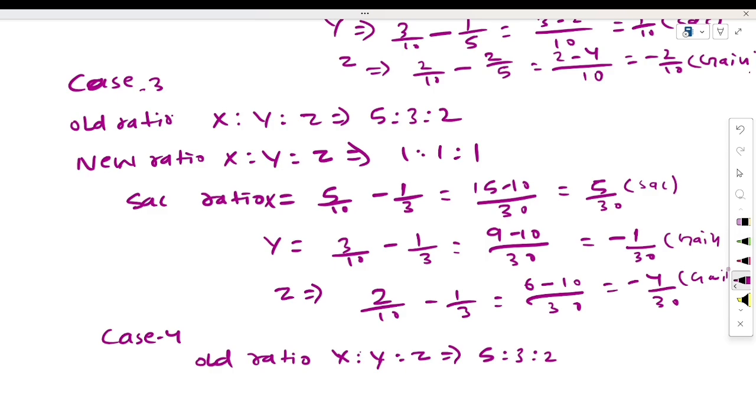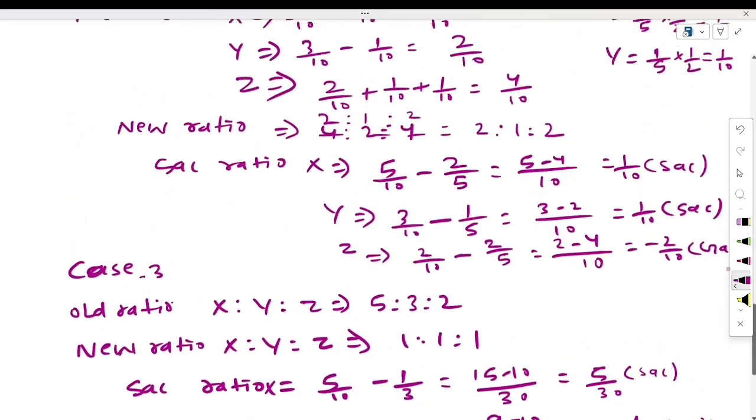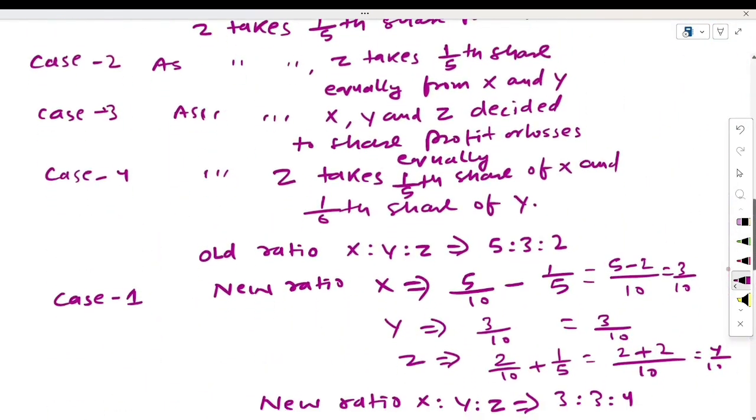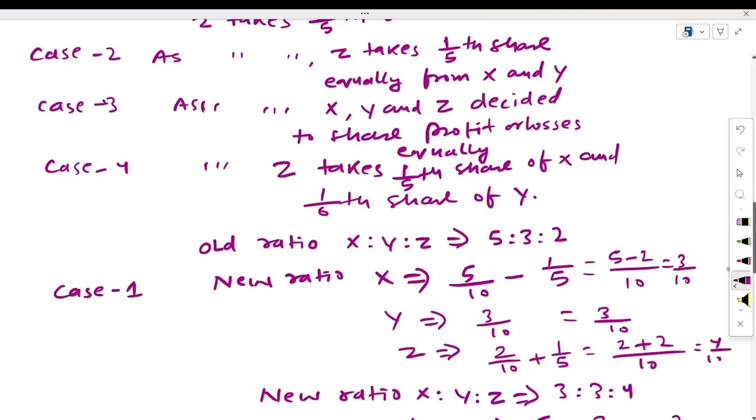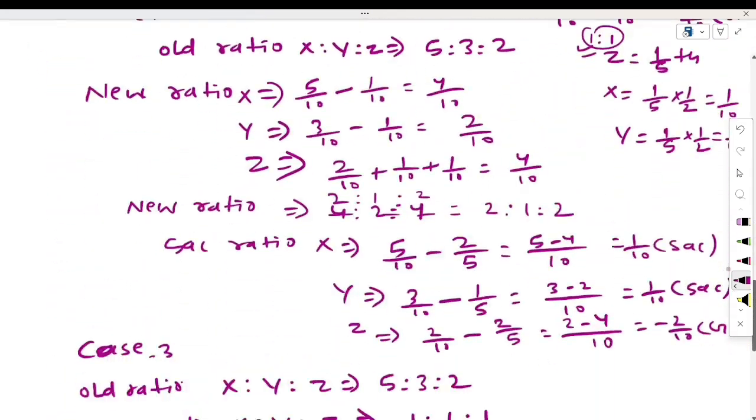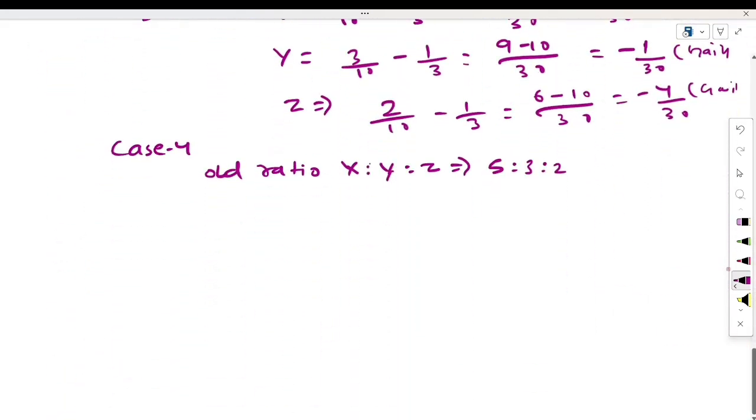We have to calculate the new ratio first. What is being told in case 4? See here: as per the new agreement, Z takes 1/5 share of X and 1/6 share of Y. It means 1/5 of X and 1/6 of Y.